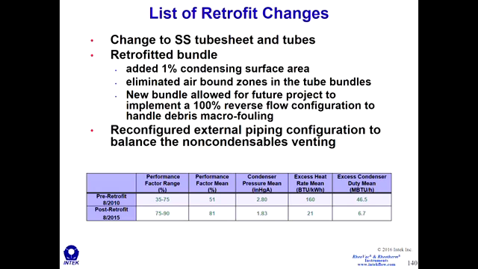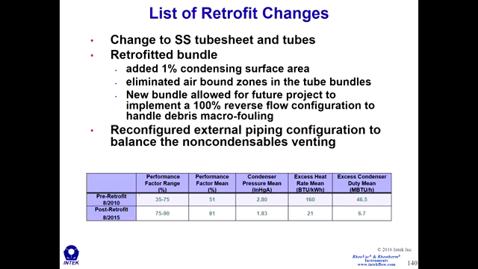We moved the air removal section to something more traditional, a more shrouded, centrally located air removal section. And this new bundle allowed for future projects to implement a 100% reversible flow configuration to handle debris macrofouling. That would be for a future project, but several changes were made here, both internal to the condenser and external.